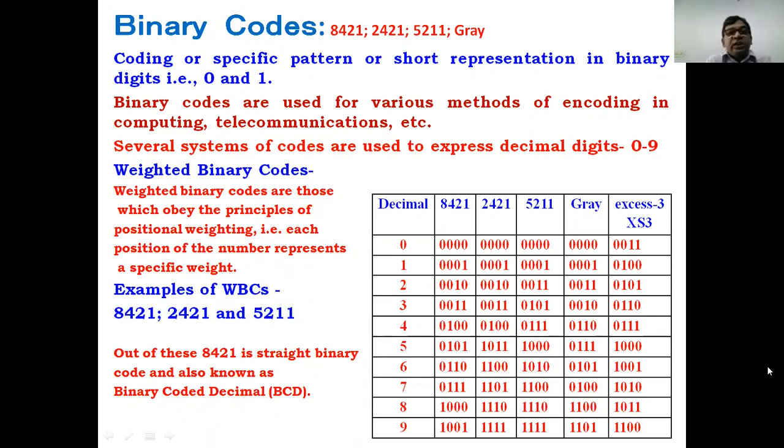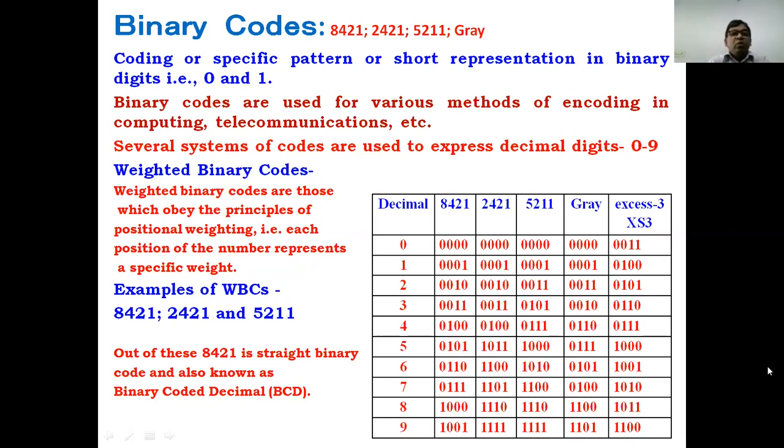Binary codes are used for various methods of encoding in computing, telecommunication, etc. Several systems of codes are used to express decimal digits 0 to 9.